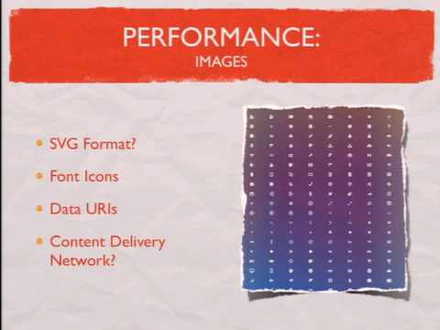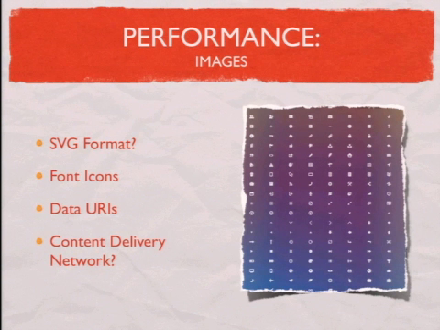Data URIs. If you haven't, I'm not even sure how you make those. I'm sure we just Google that. But the idea is that you take an image that you're using a lot. Like let's say you have a custom bullet image and you want to use it a lot, rather than calling that from your images, you actually embed that image as code in the CSS, which seems a little crazy, but there's some performance benefits for certain images.